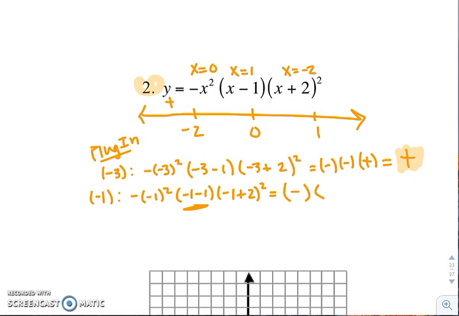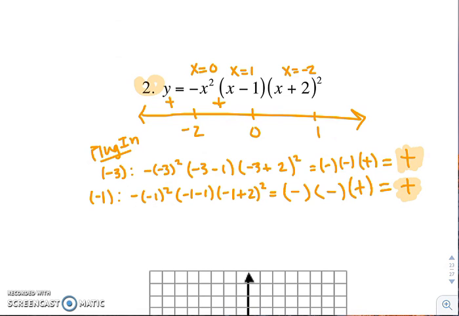Negative 1 minus 1 is negative 2, so there's another negative. And negative 1 plus 2 would be positive, but still, anything squared is going to be positive. This last number should always be positive, because no matter what it is, you're going to square it. So negative times a negative is a positive, times a positive means that that section will also be a positive one.